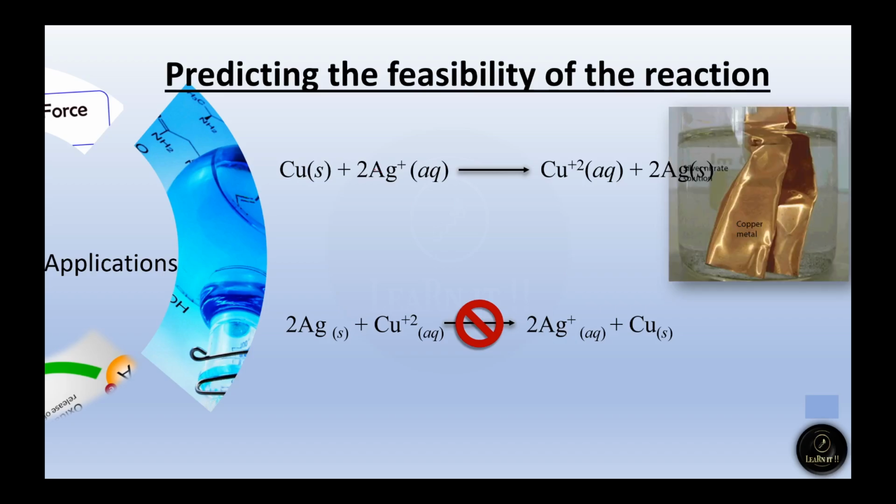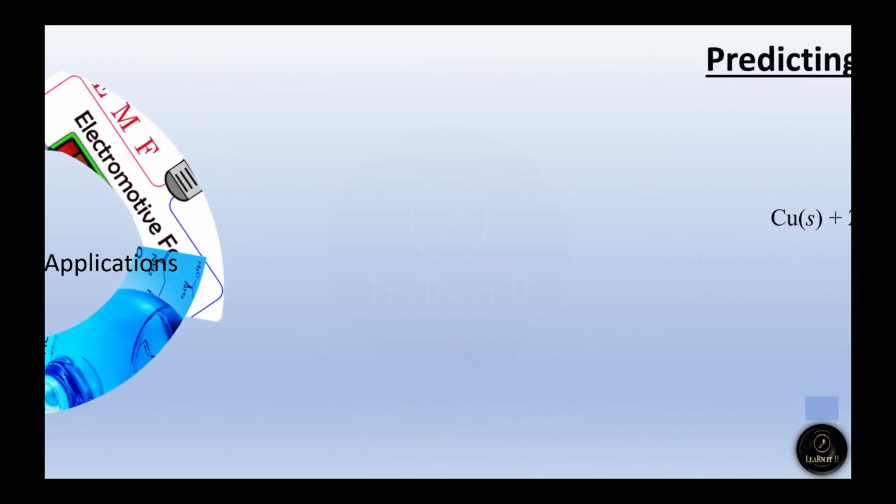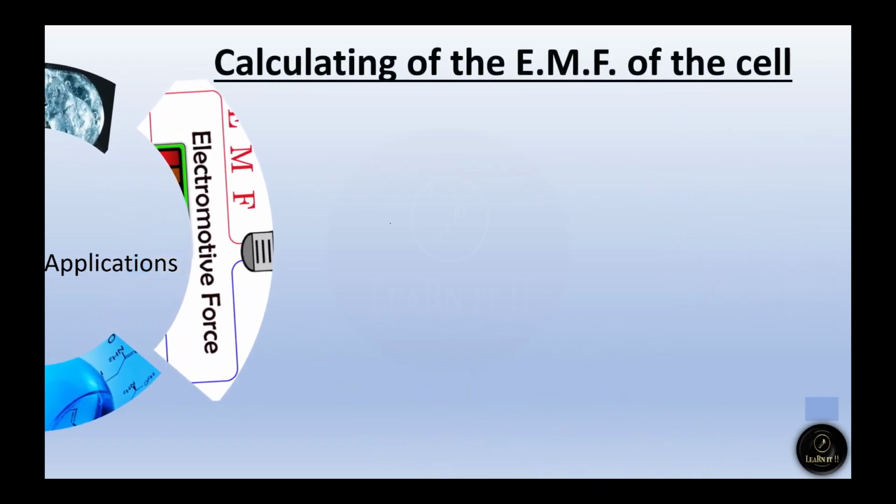Next application of electrochemical series is calculating the EMF of the cell. So consider the cell. When it is never used before, the potential difference between the terminals of the electrodes is called EMF.